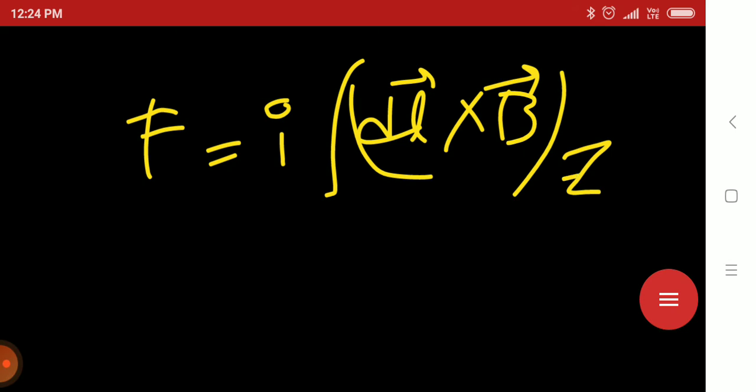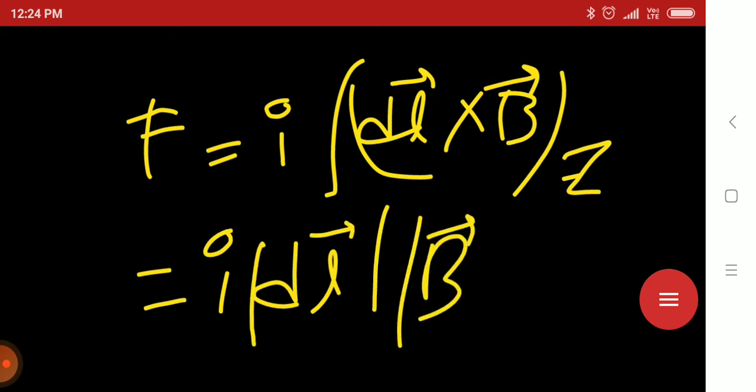So here, dl and B are perpendicular to each other. The length element along y and B along x are perpendicular. So I dl B sine theta, with theta 90 degrees.